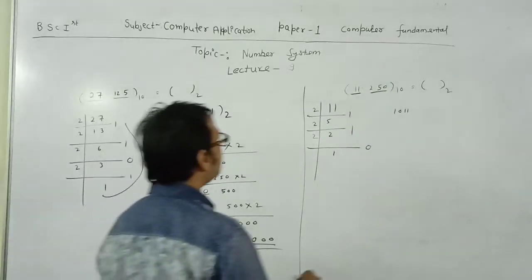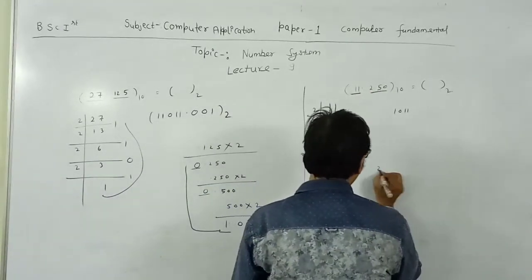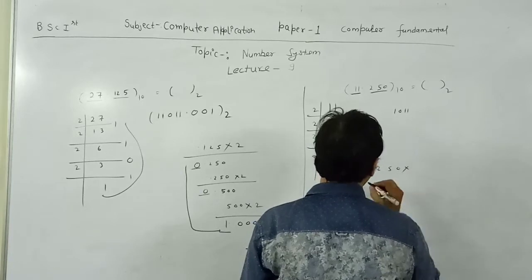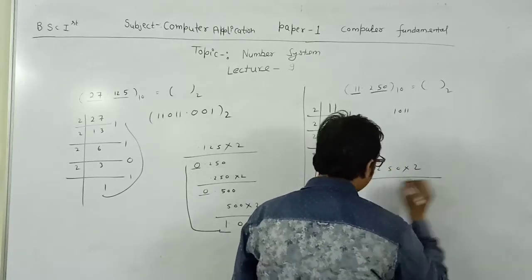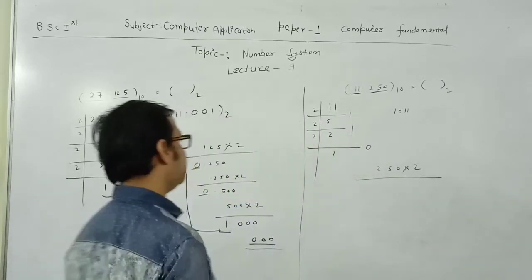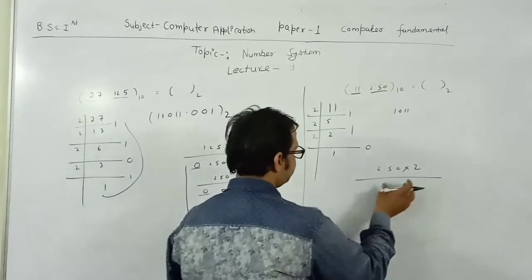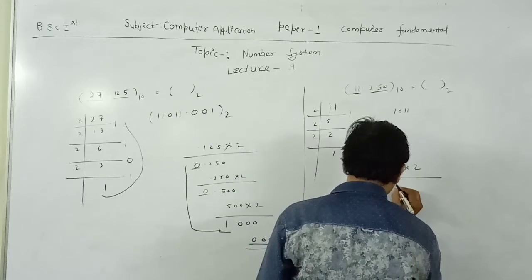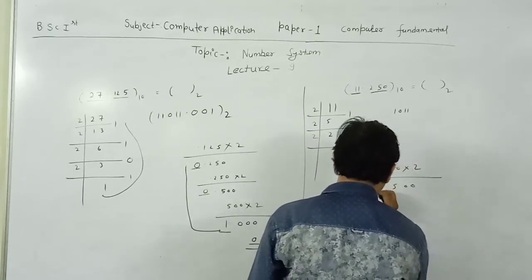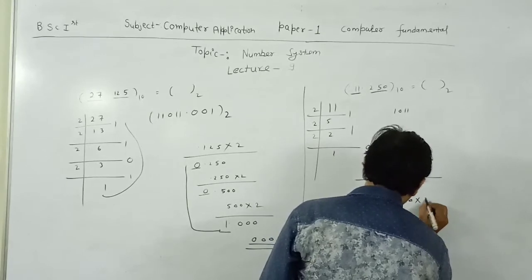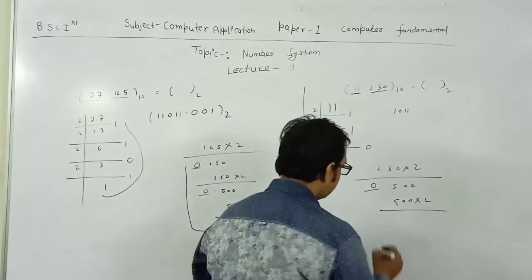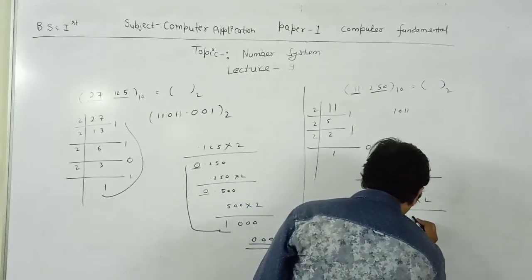Now you have to convert the value 0.250, and you have to multiply it with 2. It gives you 0.500. Save the integer part. Now multiply by 2, it gives you 1.000.